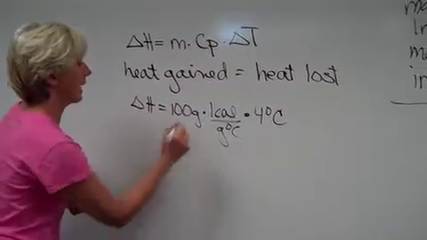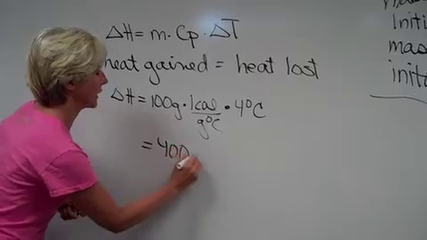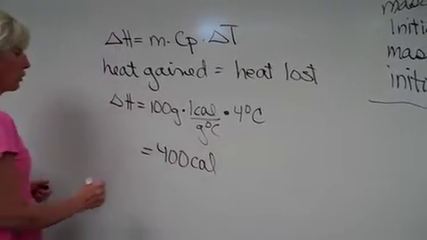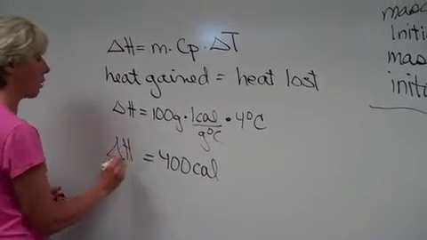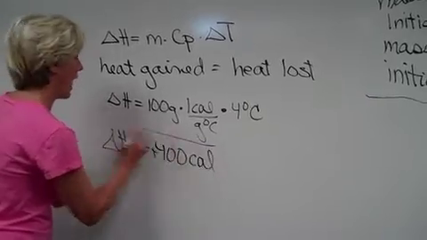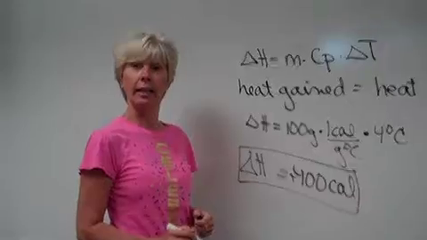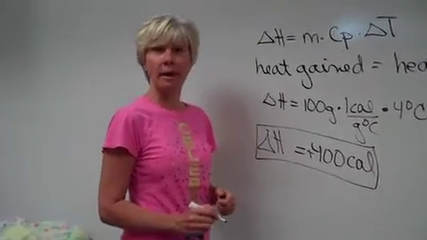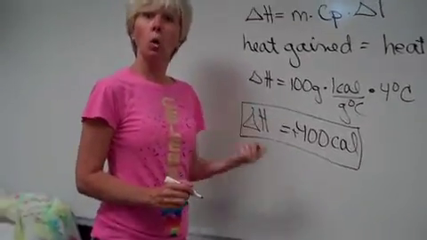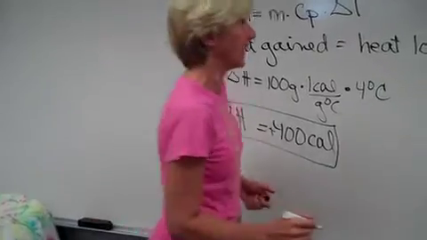That means 400 calories of heat were absorbed by the water. An endothermic process. What does that mean? That means that the metal must have lost 400 calories of heat.